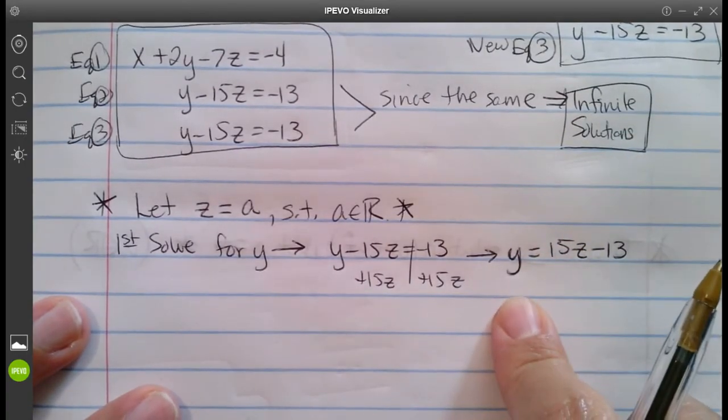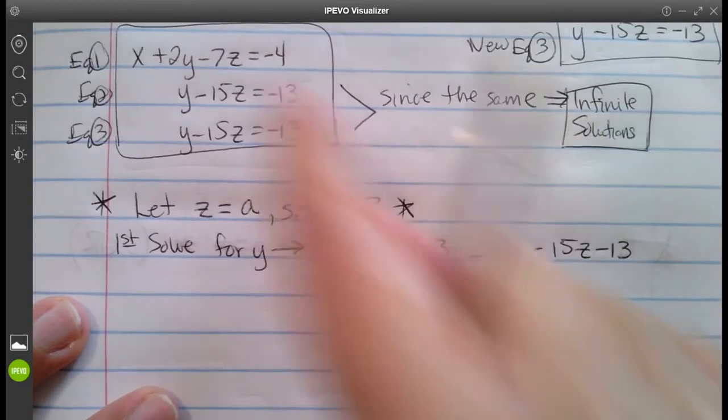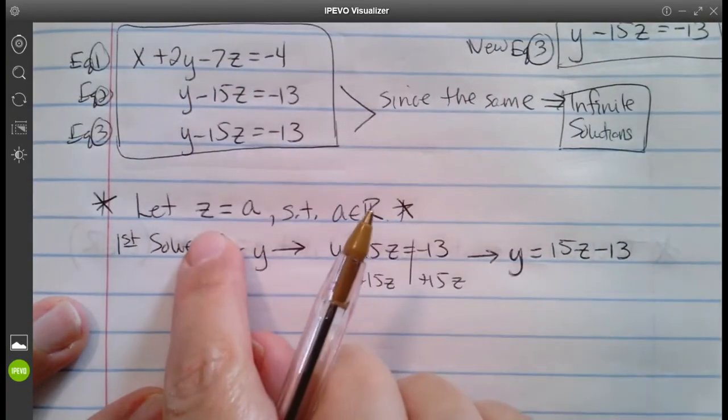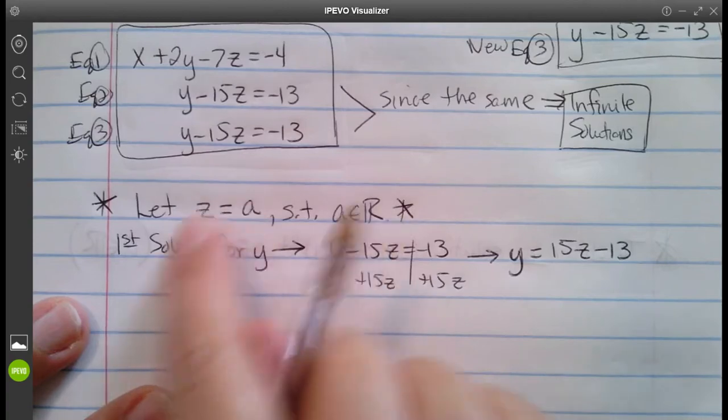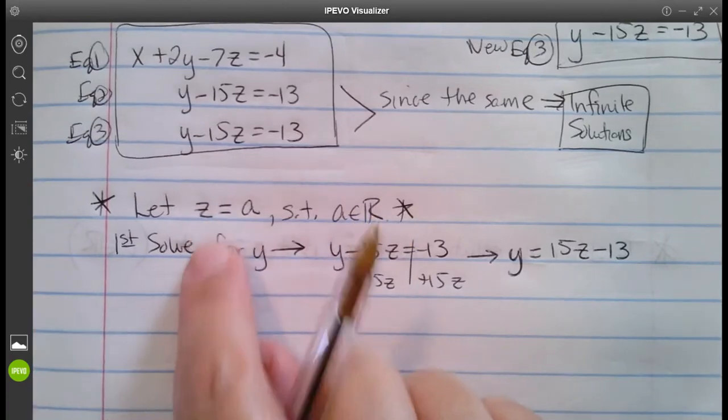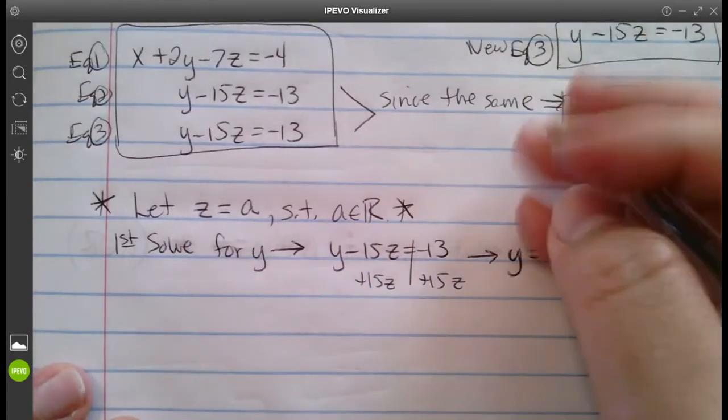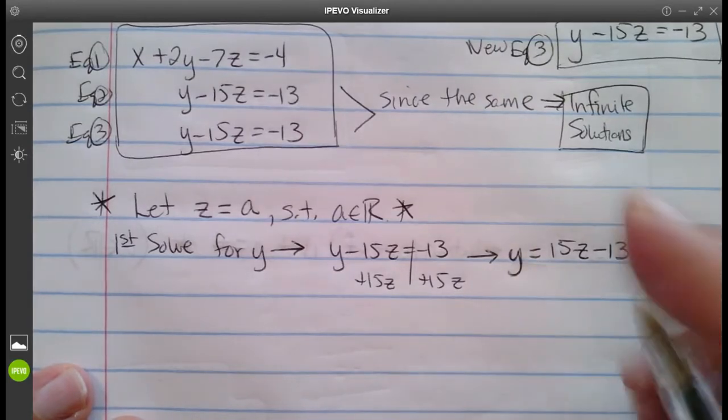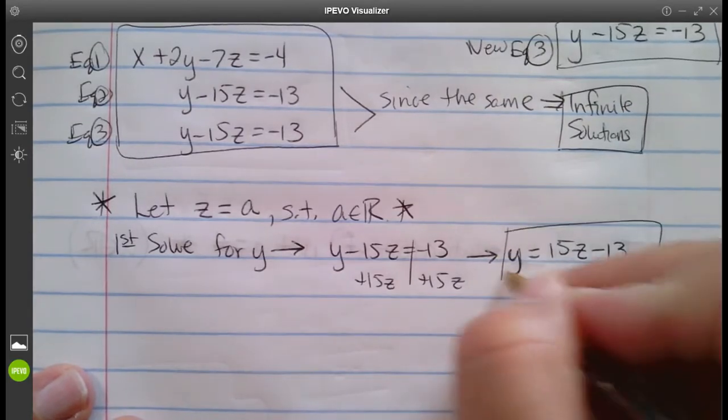Okay, and we're going to go ahead and plug this one into the top equation to get everything in terms of z, since we know that z is going to be the one that decides what is what. Okay, we want to write everything in terms of z. So this is what y is equal to.